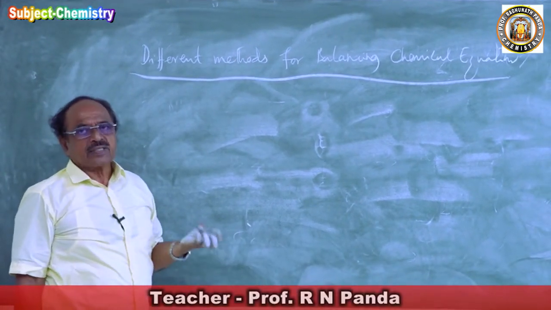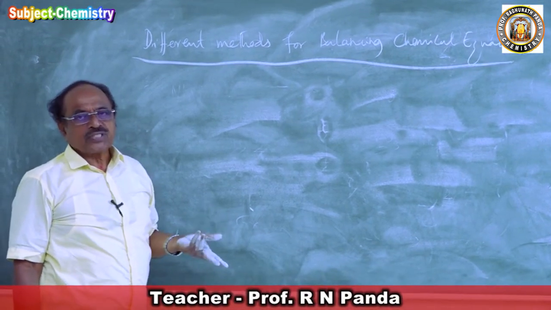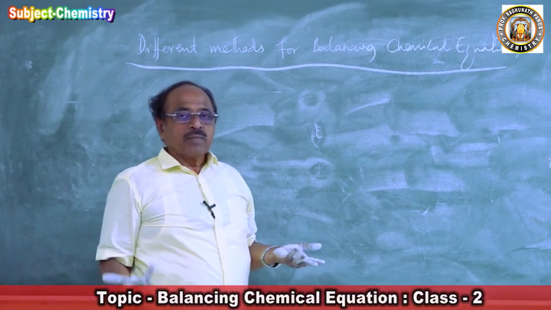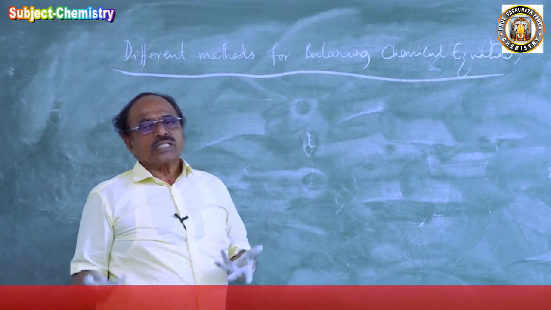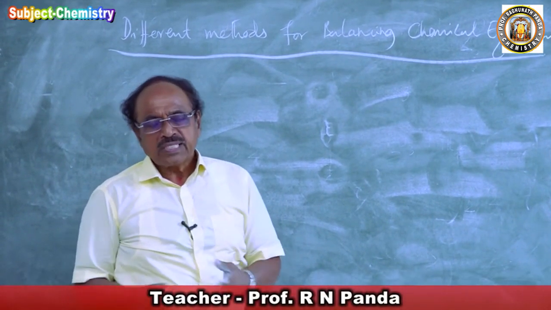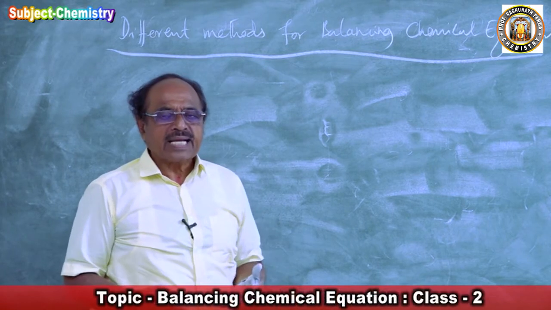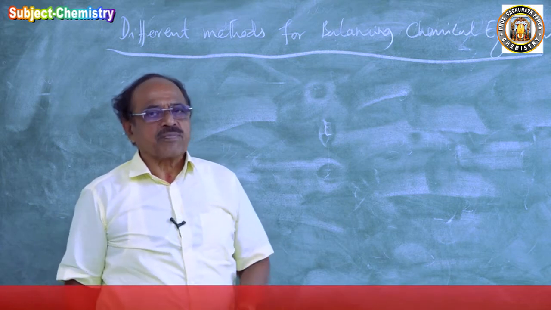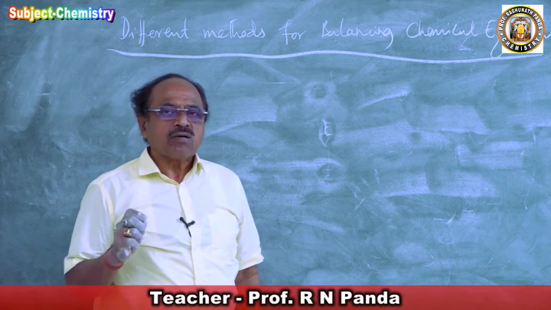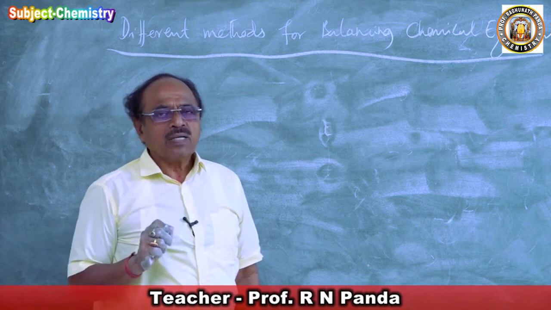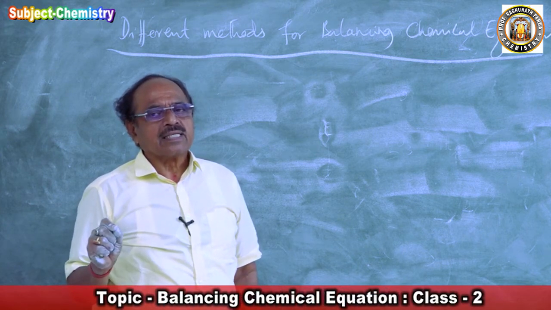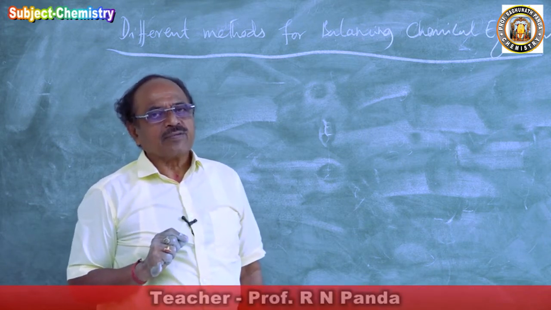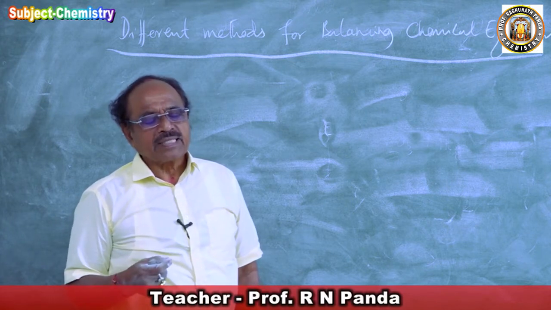Some reactions are synthesis, some are decomposition, some are neutralization, some are double decomposition, and some are oxidation reduction, the redox process. Some reactions take place in one step, and some go in different steps. So depending upon the nature of the chemical reaction, the chemical equations can be balanced by different methods.